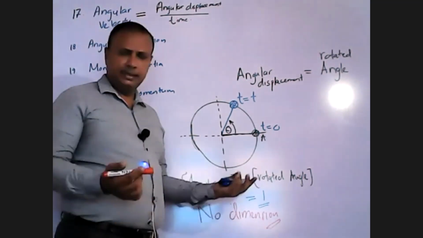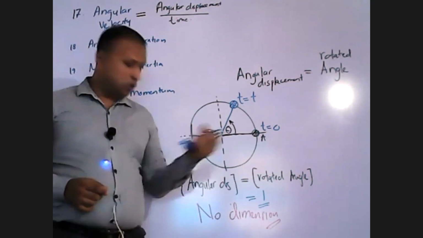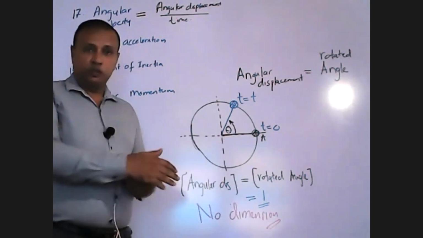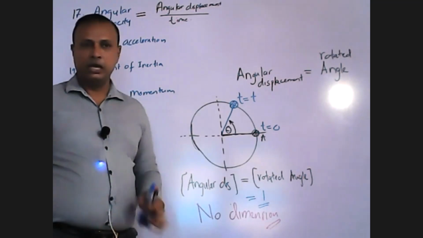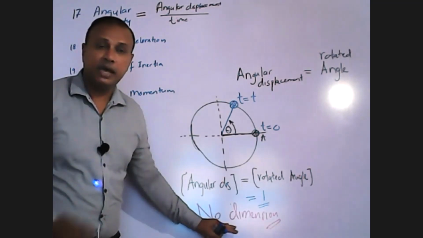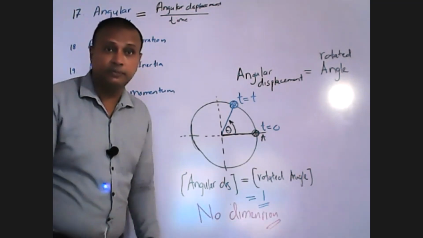Angle means angles do not have dimensions. So angular displacement doesn't have a dimension. Do you understand this one? About angular displacement. Very good. Others?